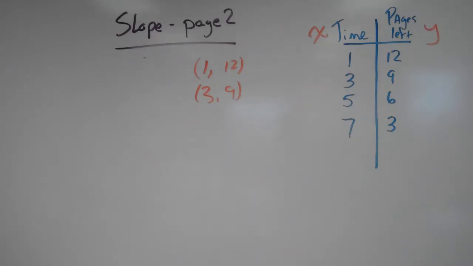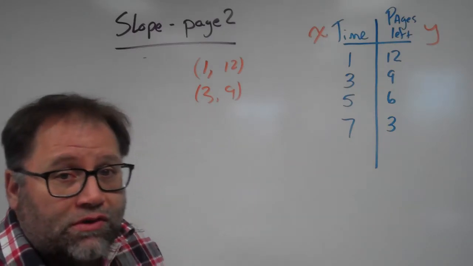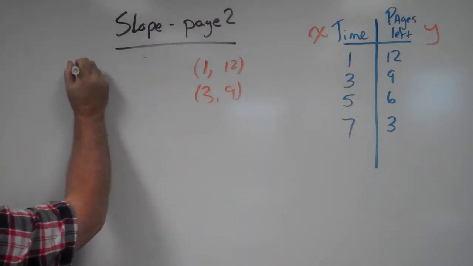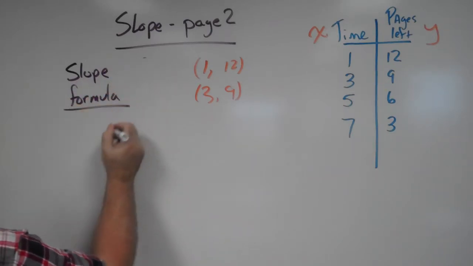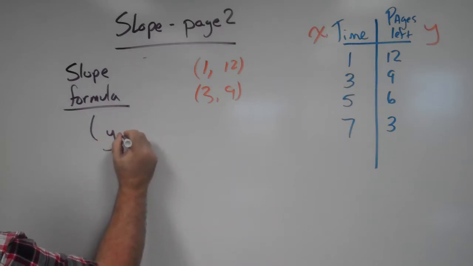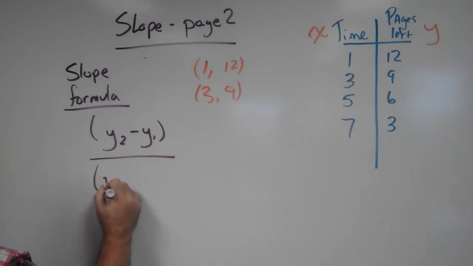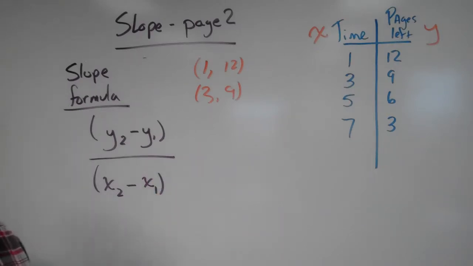Now, this is a fundamental of 8th grade math that you will use next year for sure. And that is the slope formula. So over here I'm going to write slope formula. And that's going to be y sub 2 minus y sub 1 over x sub 2 minus x sub 1.